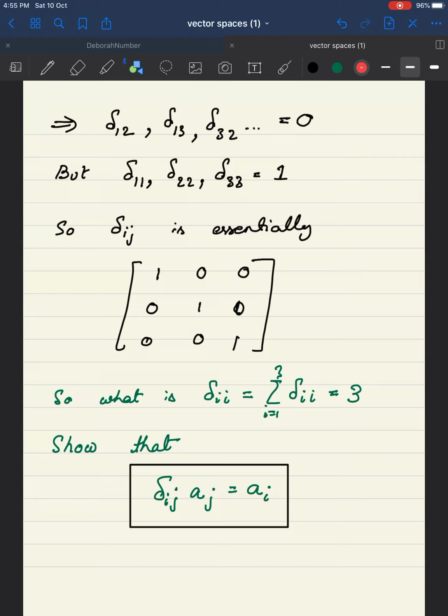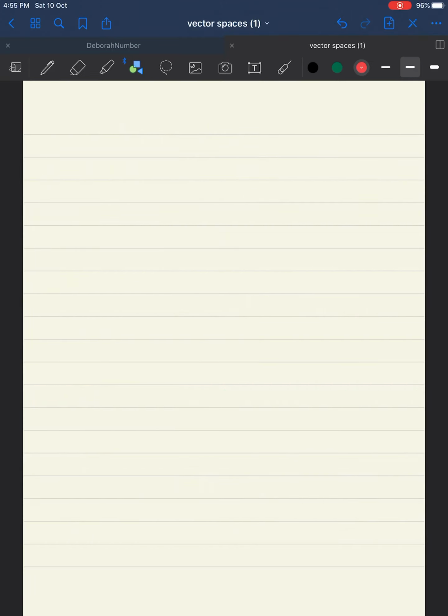There is one more interesting term that you might have heard in this combination with regards to these tensors, and that is called the permutation tensor, which is usually written as epsilon_ijk.